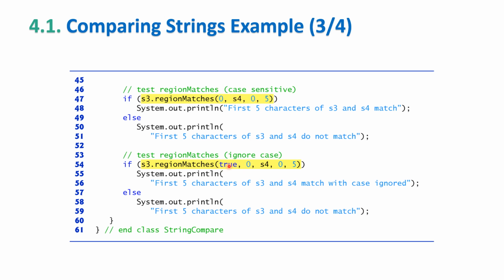When the first argument in the 5-argument version is true, as in this example, then the case is ignored. So this call to the method regionMatches also compares the first 5 characters of S3 and S4, both with case ignored.